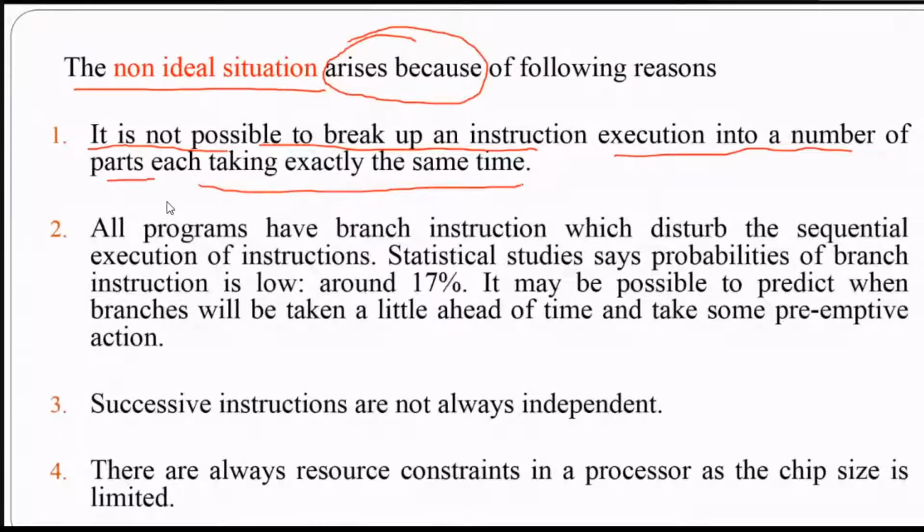So अगर आपकी instruction के steps, fetch instruction, decode instruction, वो अगर same time नहीं लेते, each and every phase is taking different time, then this pipelining will not give you a better result. So in that case, pipelining is not the best option. So that is a non-ideal situation, you can say.